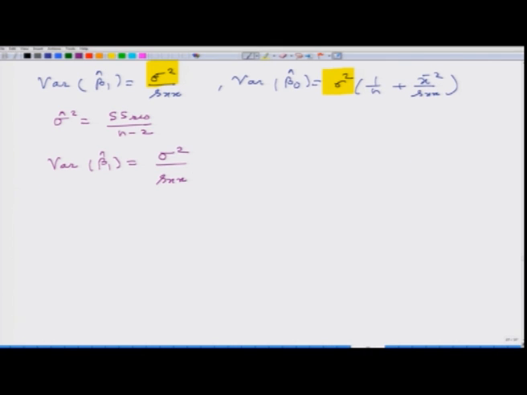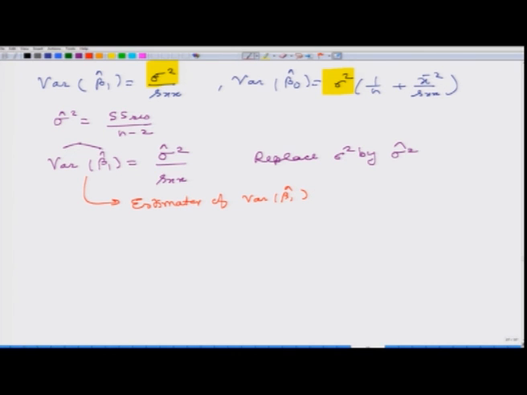So I can replace sigma square by sigma square hat, and this gives me an estimator of variance of beta 1 hat.